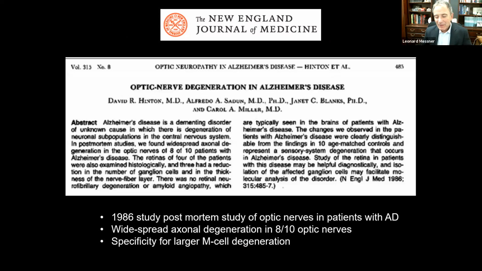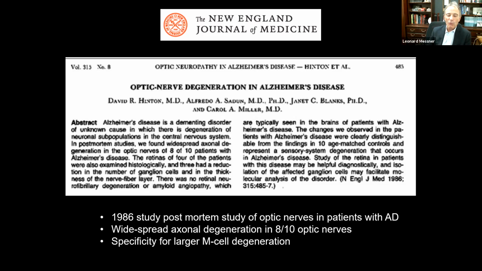Now, Alzheimer's and its impact on the eye and the visual system is not necessarily new. Back in the mid-1960s, there was an interesting paper reported in the New England Journal of Medicine by Hinton and colleagues, where they looked at autopsied specimens of individuals with Alzheimer's dementia.